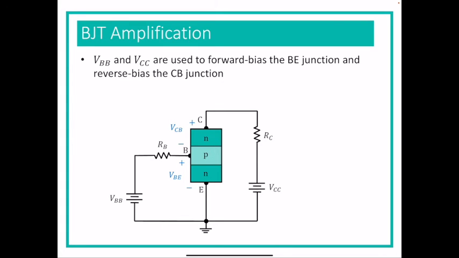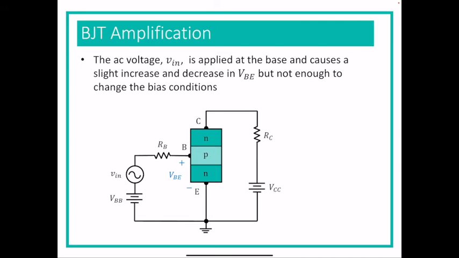Since this is a forward biased PN junction, VBE is usually about 0.7 volts, more or less, because it's a silicon PN junction, and that's what you get when you forward bias a silicon PN junction.